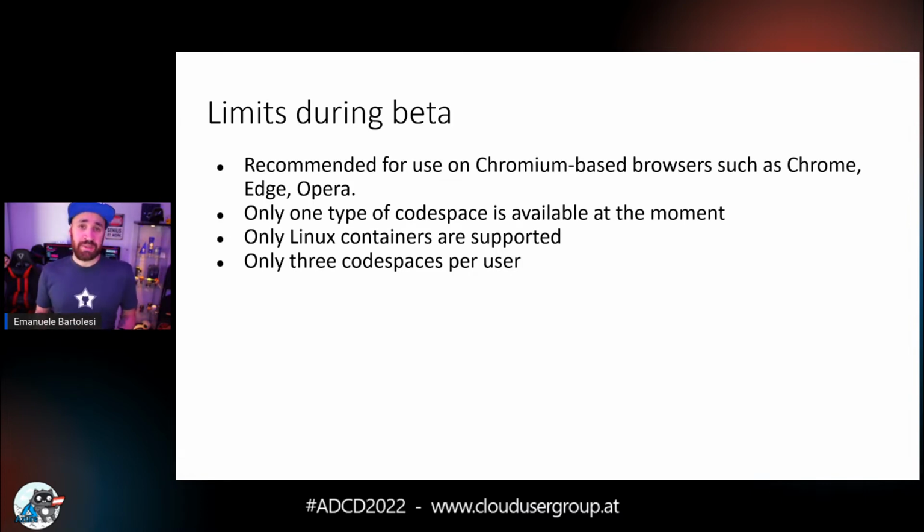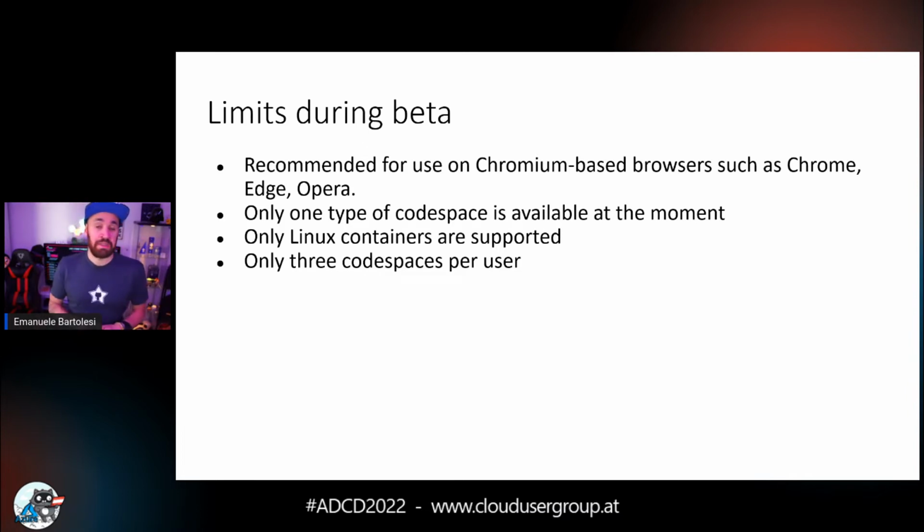At the moment, during the beta, if you were in the beta and you don't create an organization, you can have only one type of Codespaces. I mean, with one type, let's see later what it means. And at the moment, also in the GA, only Linux containers are available.